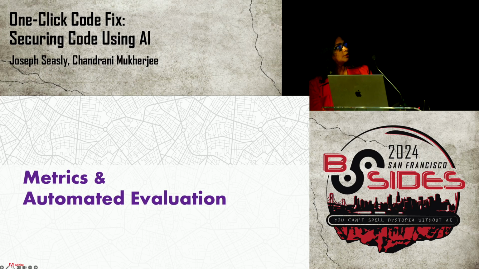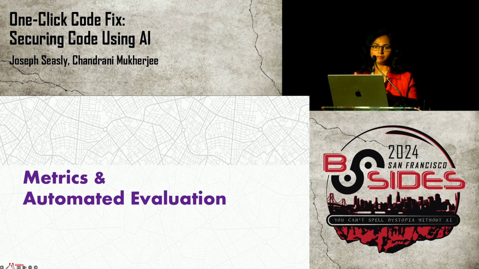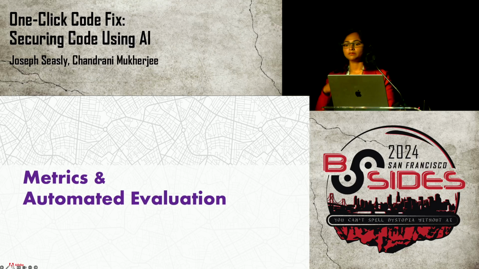Next we move on to metrics and evaluation. Initially, when we started, obviously we started with a manual evaluation. We would go through each of these findings and see whether it's a correct fix, and whether the fix generated is good enough. But obviously with manual evaluation, you cannot scale.